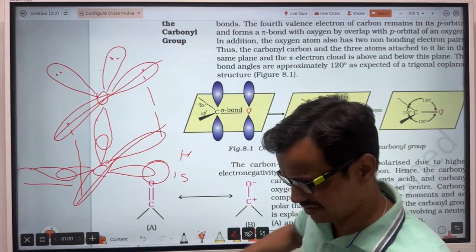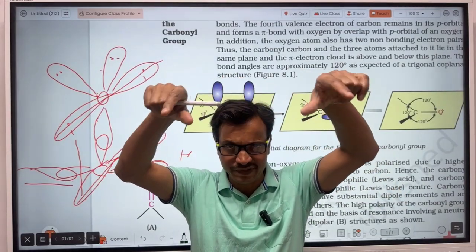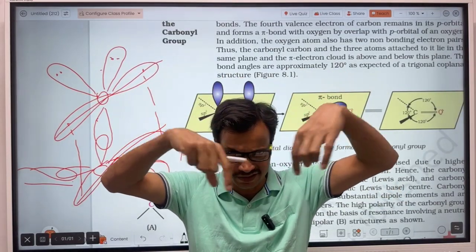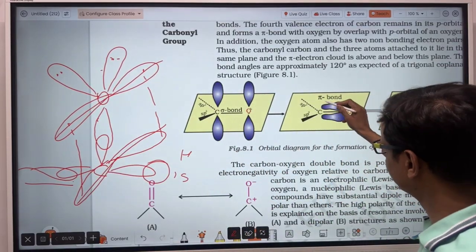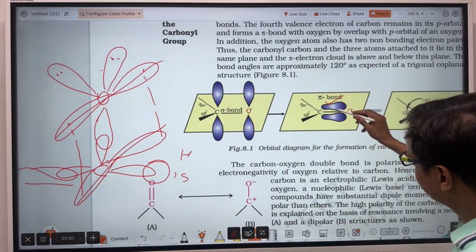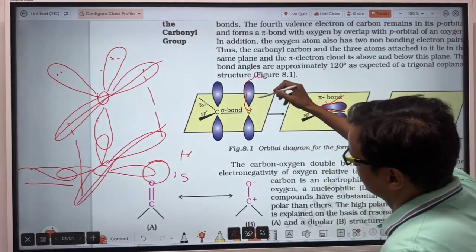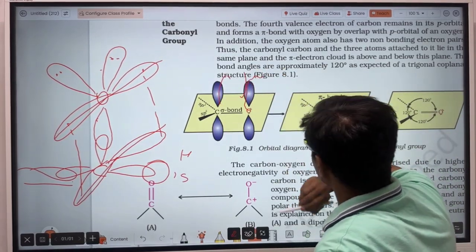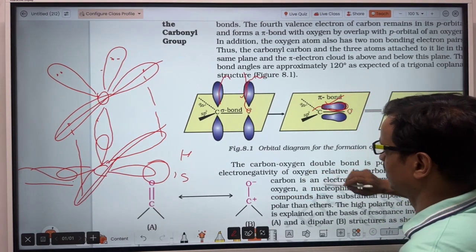Watch out here, when the two dumbbells merge, the extent of overlapping will be like that of a banana. So the remaining portions, which are unhybridized, will merge together, and that's why this type of shape appears.